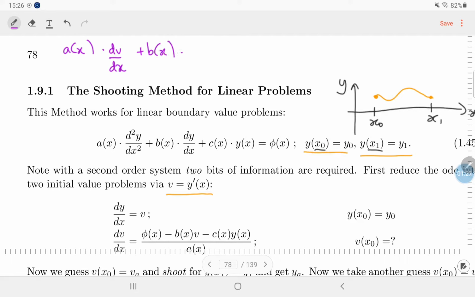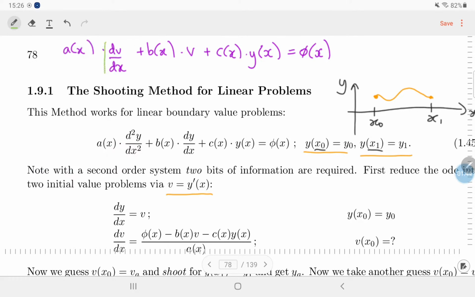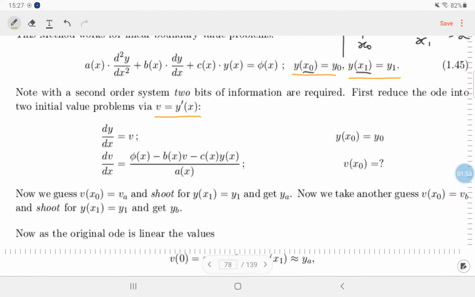Now, dy dx is equal to v plus c of x times y. Now, a of x, b of x, and c of x are actually known functions, is equal to phi of x. And what you want to do for the dv dx differential equation is solve this for dv dx. So you take away the b(x)v, take away the c(x)y, and divide both sides by a of x.